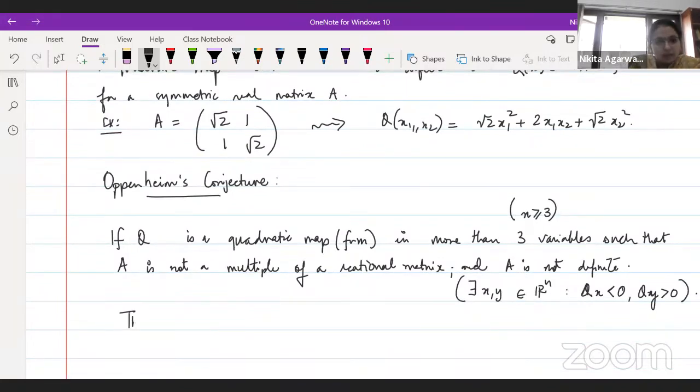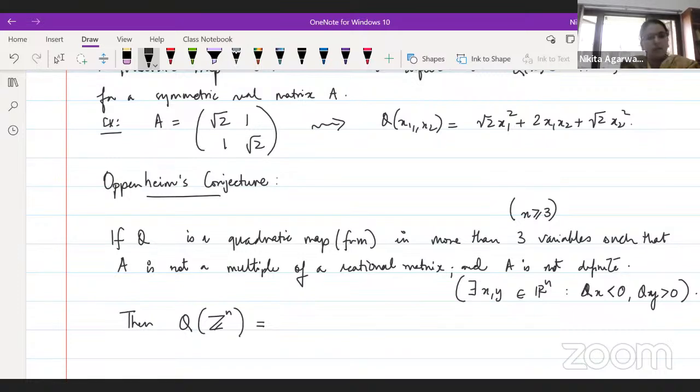Then if you look at the image of Z^n, what is Z^n? Z^n is just the points in R^n having each coordinate an integer. This is called the integer lattice in R^n.